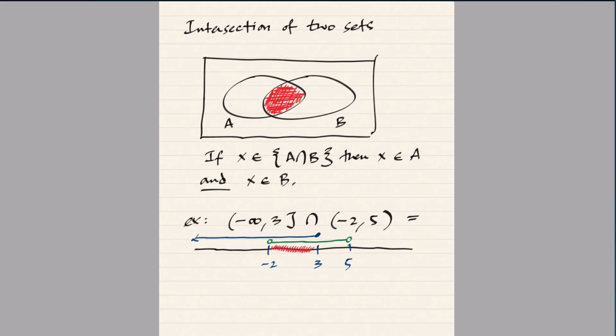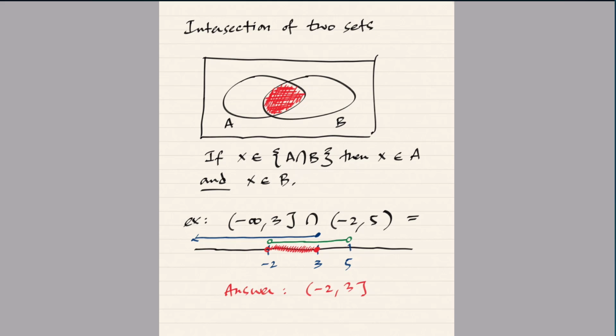So if you were to write the intersection using interval notation, it would look like this. It's the half-open interval from -2 to 3 with a square bracket on 3.